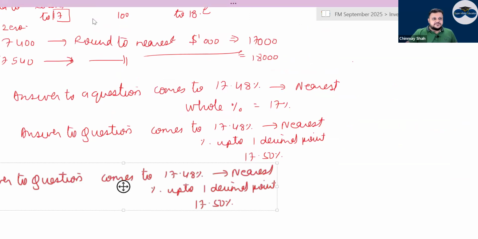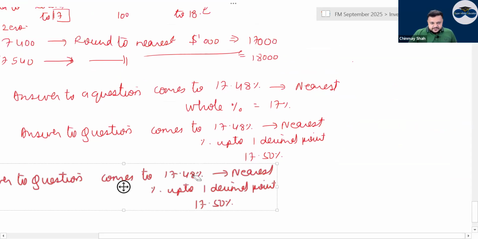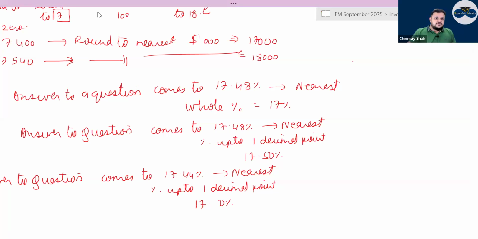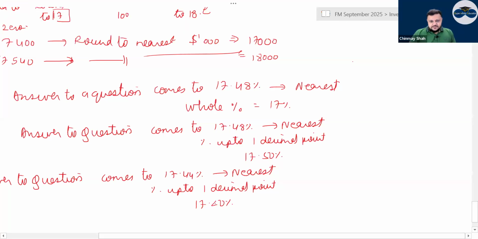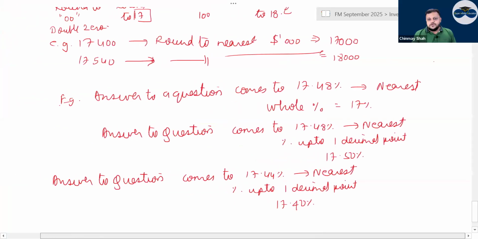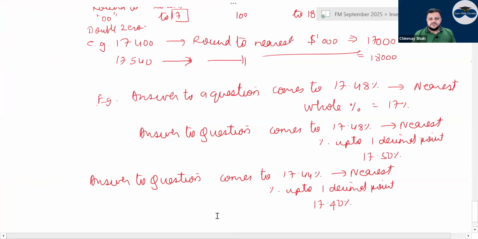If it had said the same question, okay, if it had said 17.44, would it be 17.4, 17 or 17.5? 17.4. What do you say, Vipasha madam? What do you say, Rohit? Now is it okay? Sir, yes, 17.4 only. Okay with whatever confusion? Tell me.